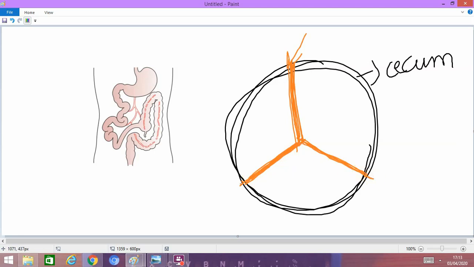If you locate the anterior tinea coli, from there you will be able to locate the base of the appendix, because the point where this anterior tinea coli merges with the posterior ones is also the point from where the appendix arises. You can remember it by remembering the Mercedes sign.